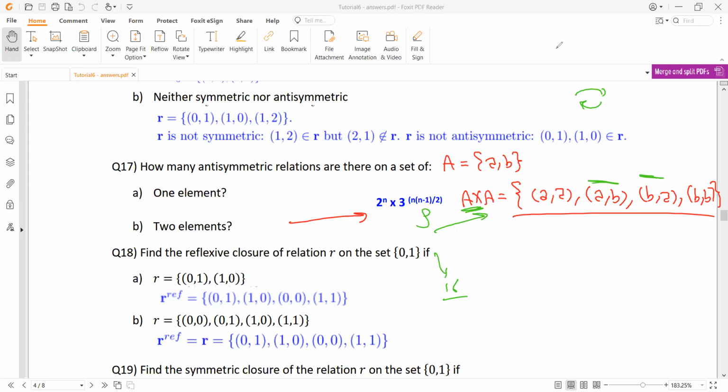So what I'm gonna do is just a trick. I'm gonna keep only one of the 2. I don't care which one I keep, it doesn't matter, because I care only about how many elements. So I'm gonna keep only 3 elements, and I will remove the one which makes the problem for anti-symmetric.